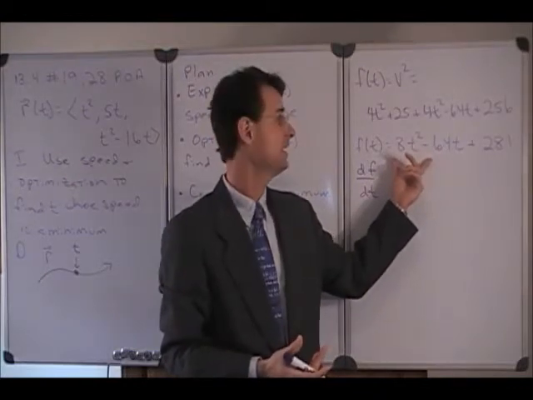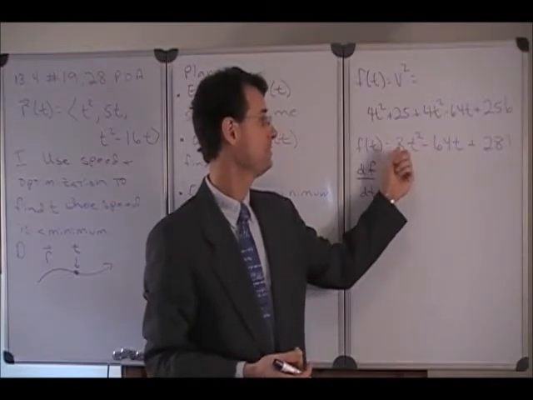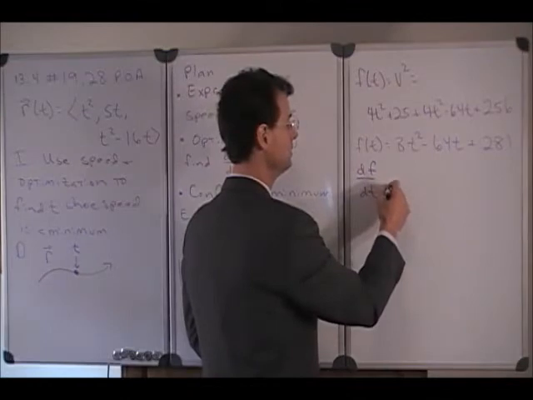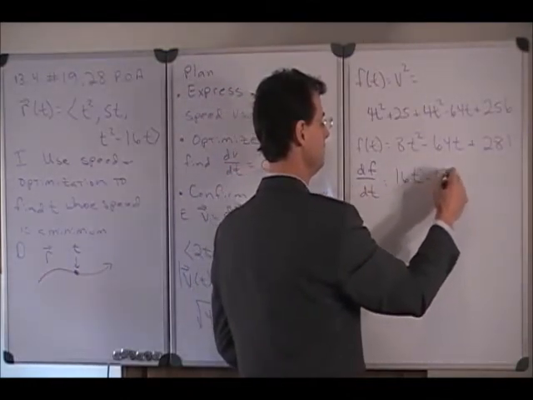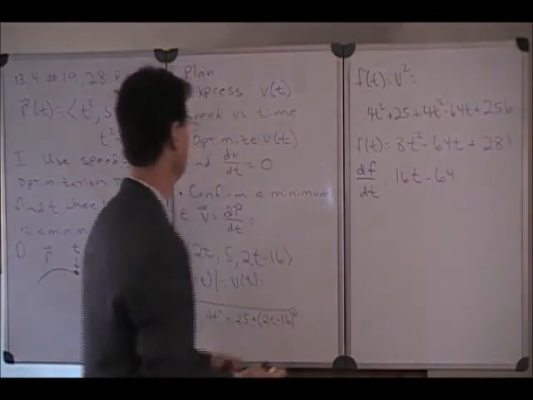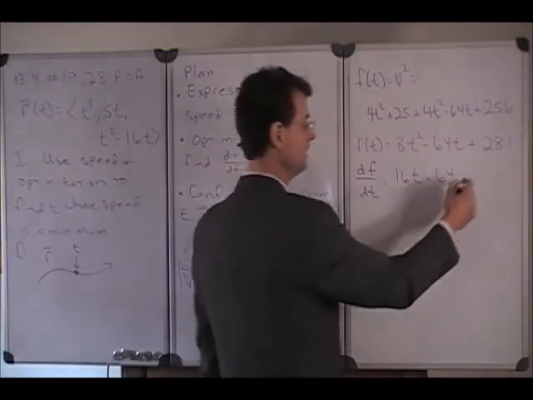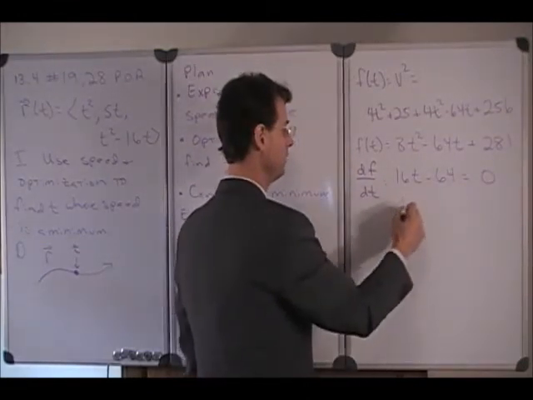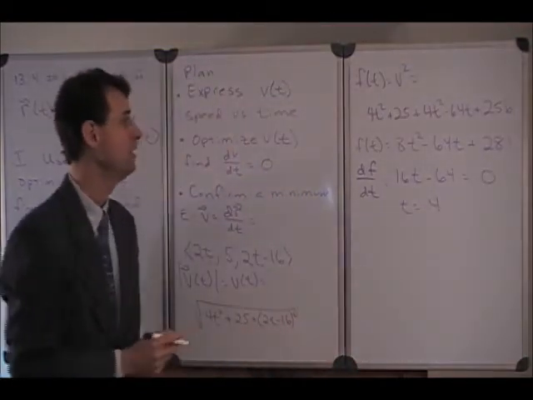It's just a quadratic, and it's a right side up parabola. We know it's right side up because the leading term is positive. So df dt is going to be 16t minus 64. And if you recall, the optimization is the value where the derivative is equal to 0. So that occurs at t equals 4.